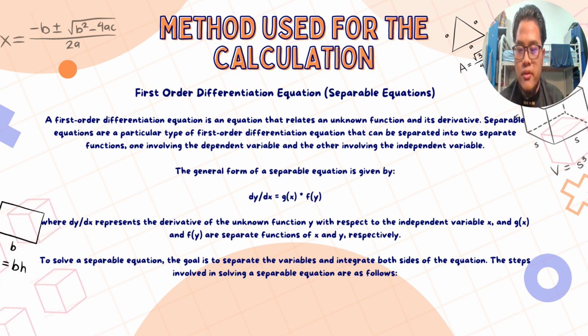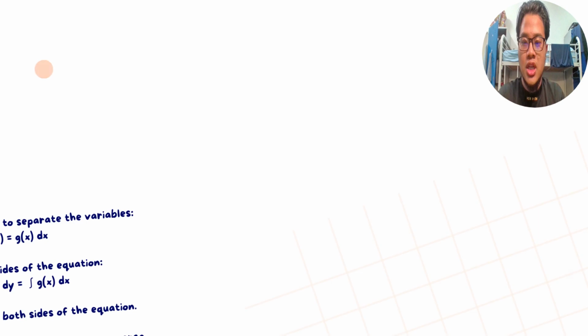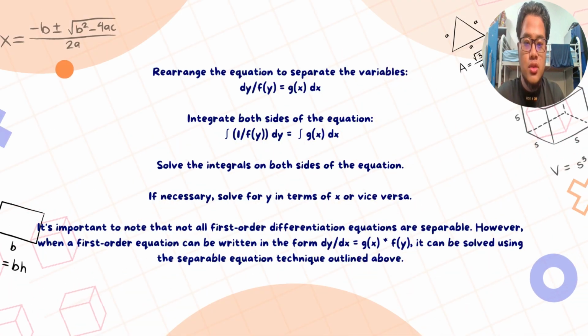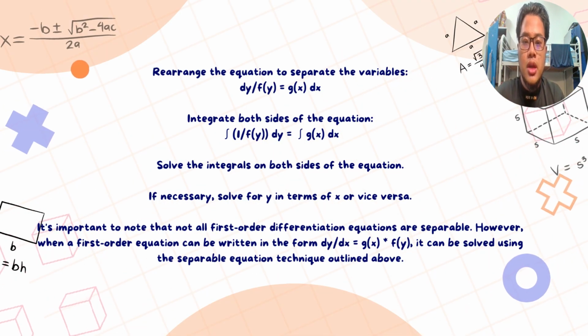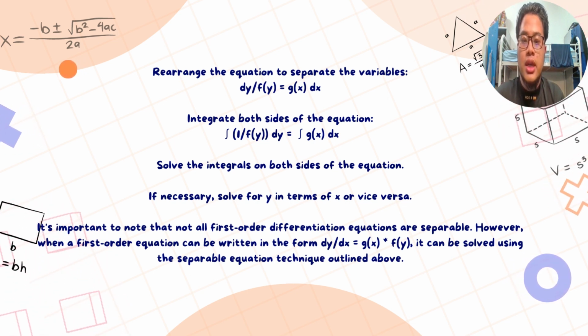To solve a separable equation, the goal is to separate the variables and integrate both sides of the equation. The steps involved in solving a separable equation are as follows. Rearrange the equation to separate the variables: dy per f(y) equal to g(x) dx.